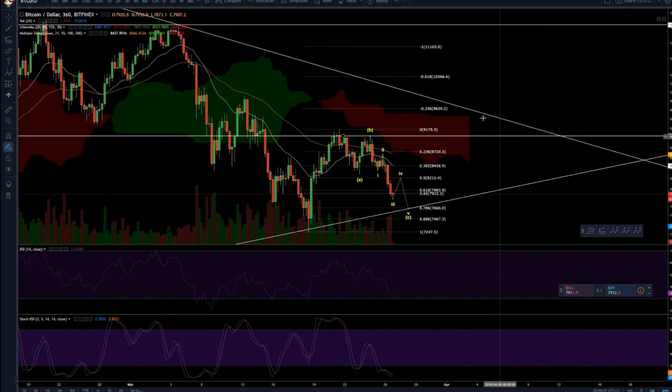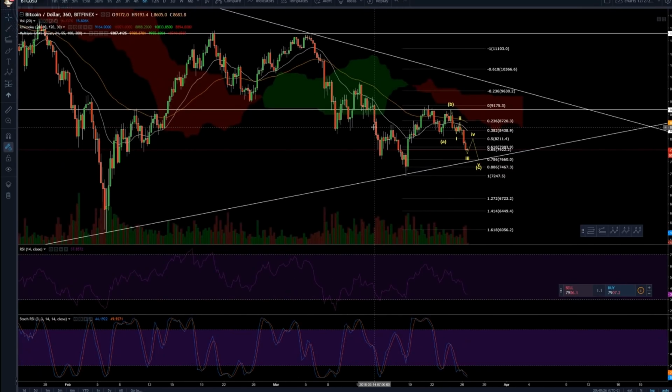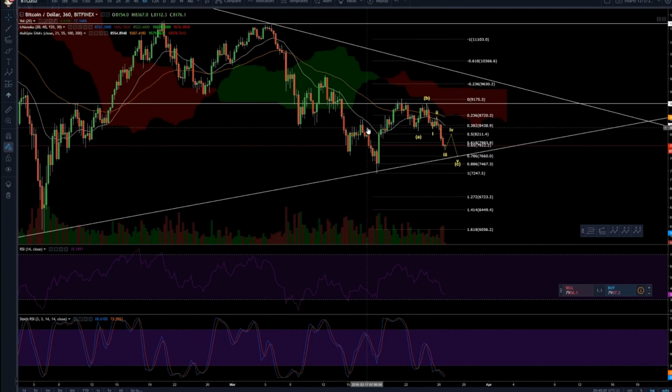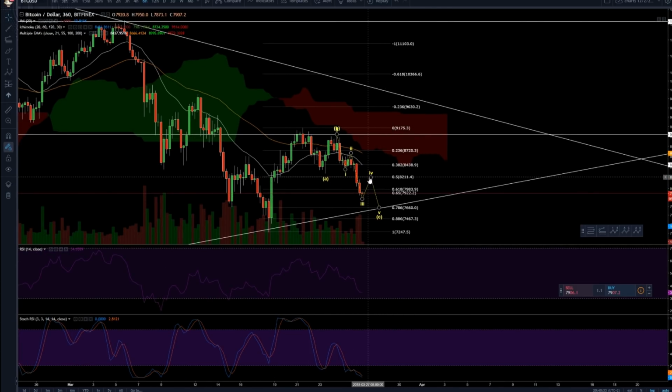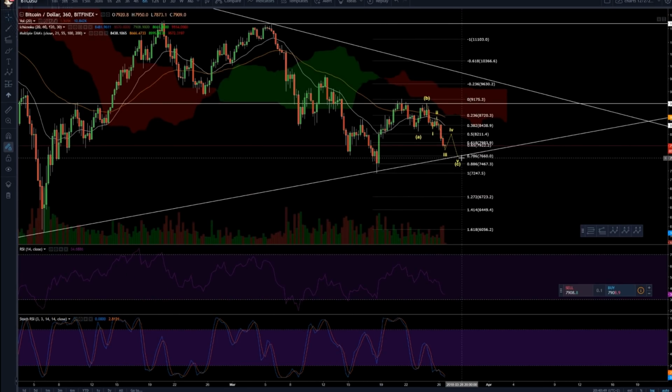So yeah, that's where we're at, guys. And basically just watch out for it, right? Watch out for this. I mean, when we get to this area anywhere between 76, 77, it's not a bad decision to, you know, put some bids and get in on the train, because that could potentially be the last way down, right?